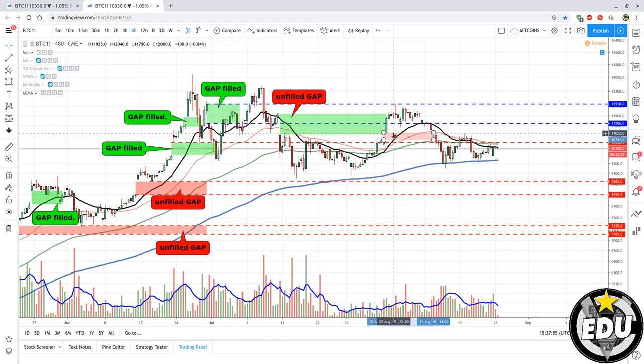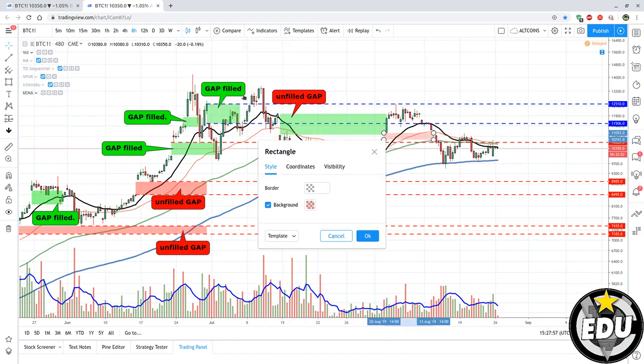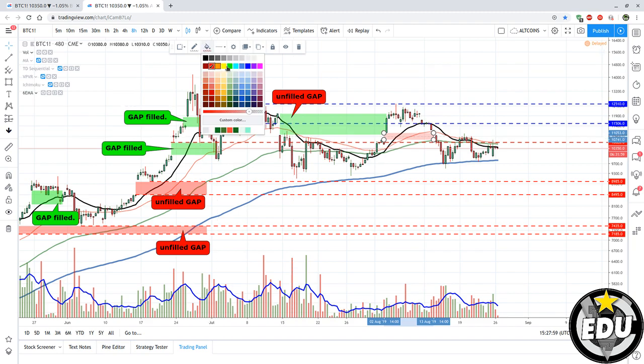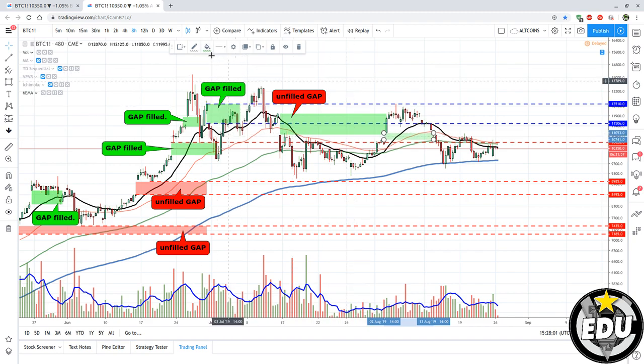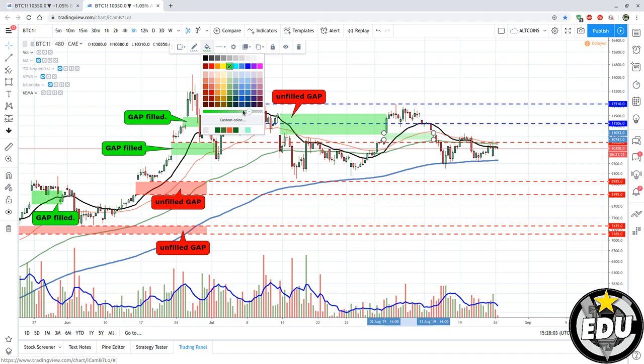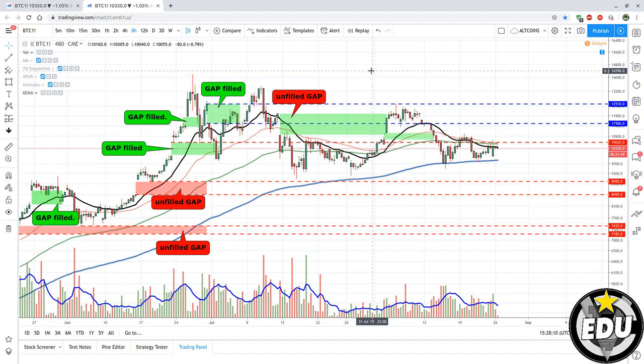Gaps filled in Bitcoin. And if you guys remember, I did a full scanning of the gaps during the correction since the futures opened, and every single gap has been filled since then.